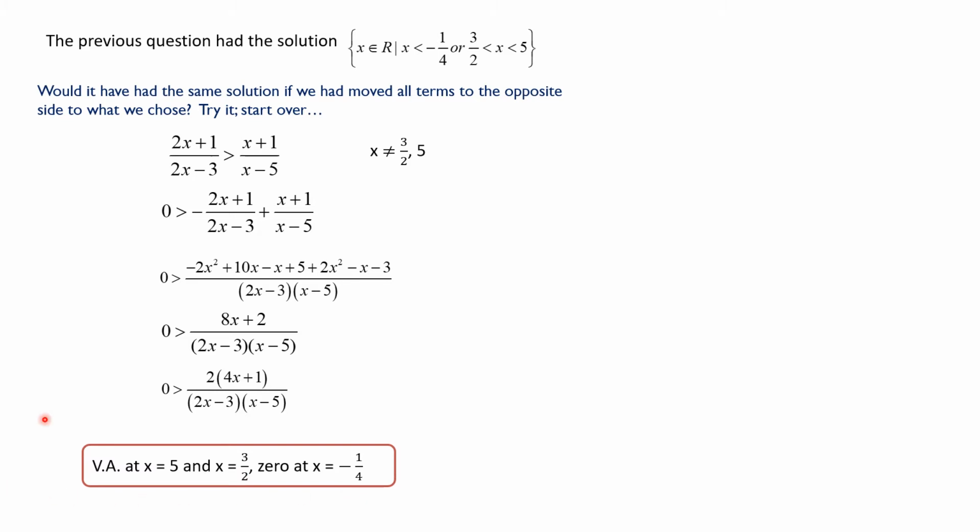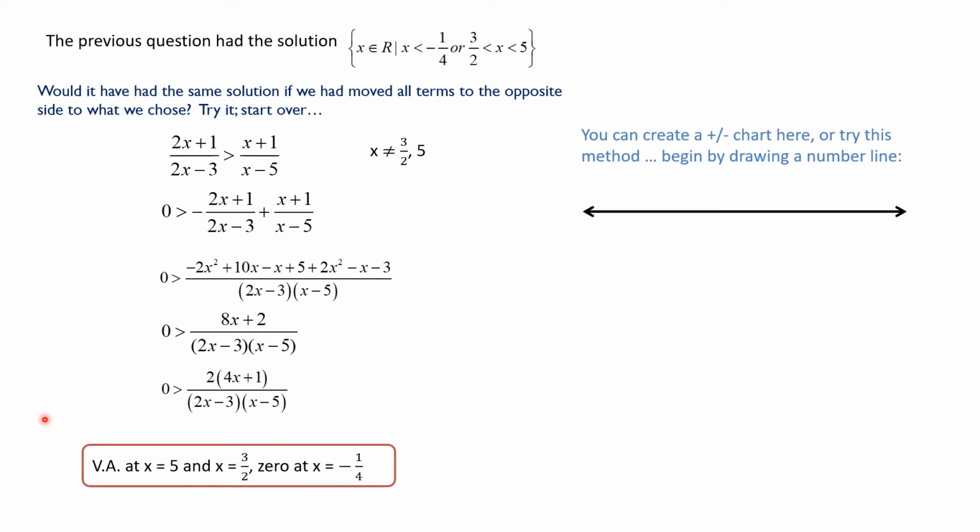I'm going to show you something a little different this time. You can create a plus or minus chart here, or let's try this method. We're going to draw a number line. This is a little faster than the chart. On the number line, I'm going to put in my important values, just like I had before across the top of my chart. This side is negative infinity, and on the right side, we're going to positive infinity.